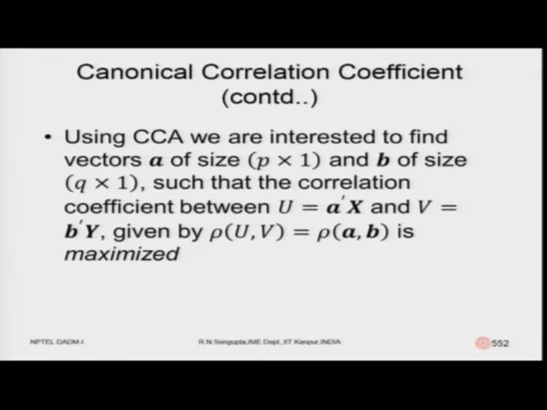Simultaneously we want to find a vector B, of size q cross 1, which corresponds to the y random variables of size q, such that these vectors A and B would give me the relationship between x and y, given some observable information and some theoretical information. I will not use the word predict; you want to find out what the relationship between x and y is and to what degree.